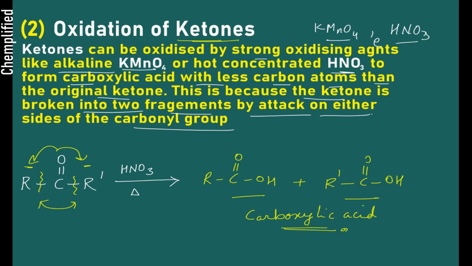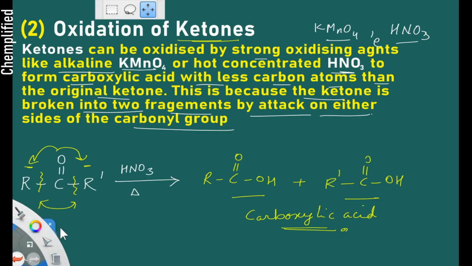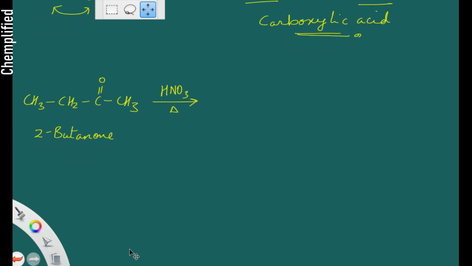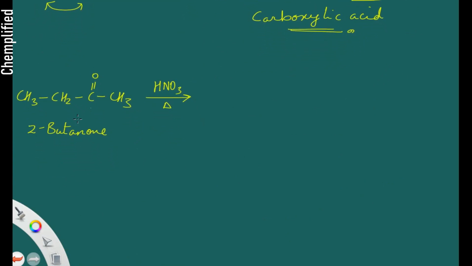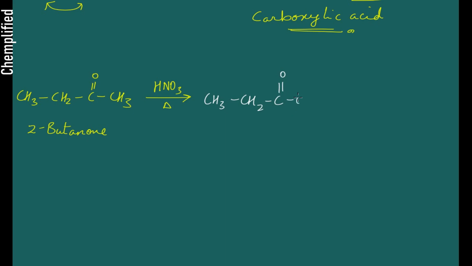Let's take another example. Now this is your ketone, this is your 2-butanone. Now let's break the bond and treat it with HNO3. Look at the answers. You will get CH3, CH2 and C double bond O, OH.